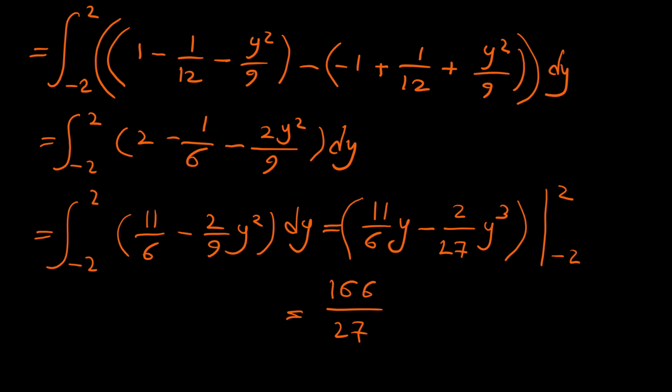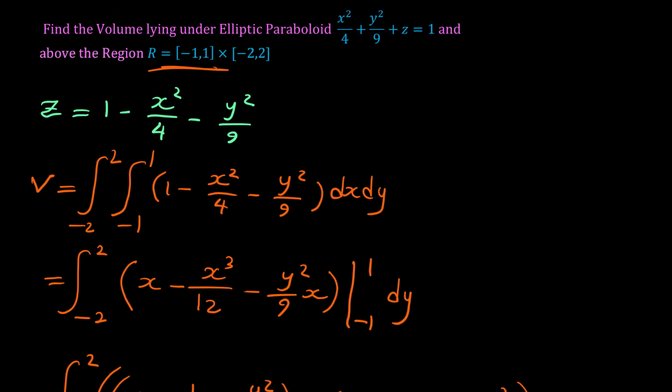So finally, this answer shows the volume that lies under this elliptic paraboloid in this region. Let me show you the graph of this elliptic paraboloid, and then we finish this video.